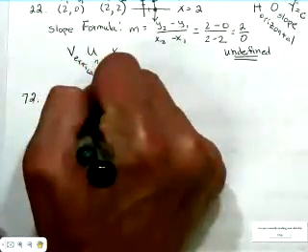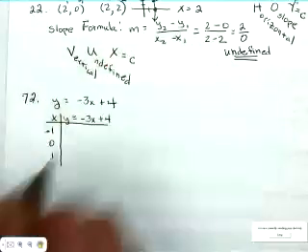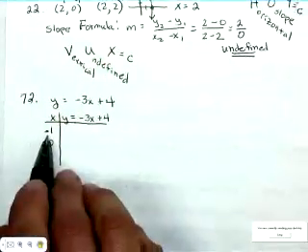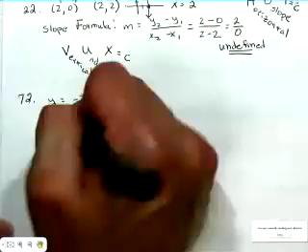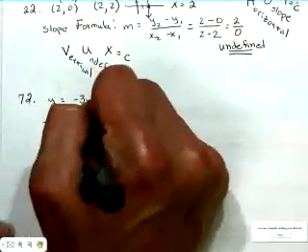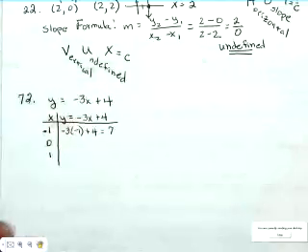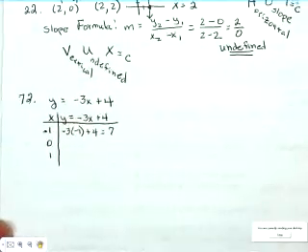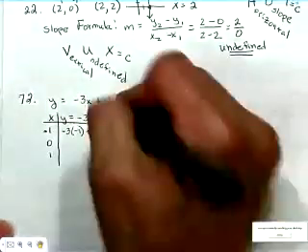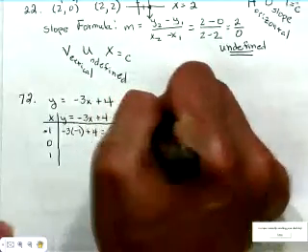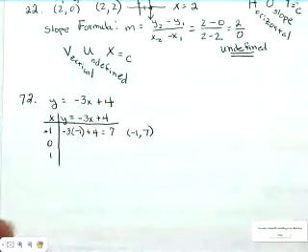When you let x be negative 1, you're going to have negative 3 times negative 1 plus 4, and that's 7. So the ordered pair negative 1, 7 is one of the points on your graph.